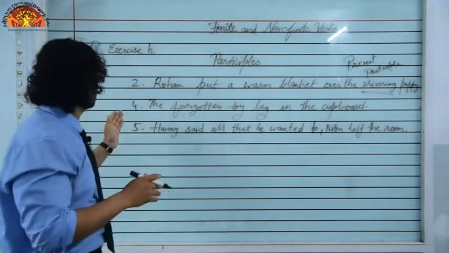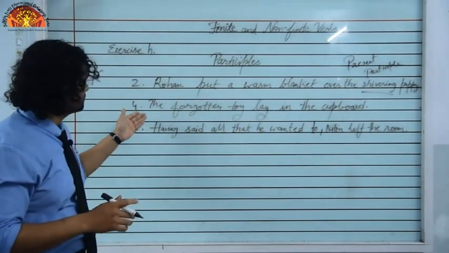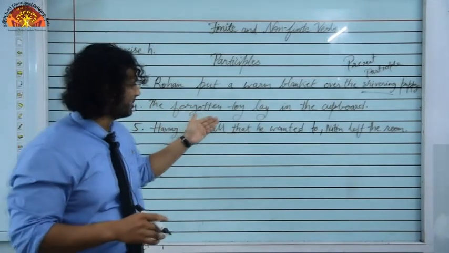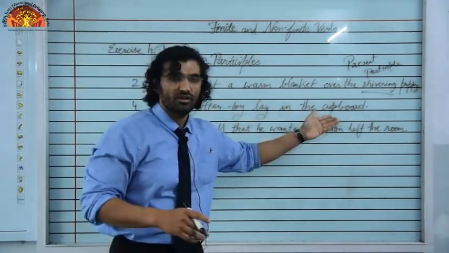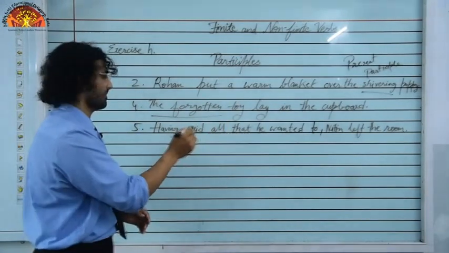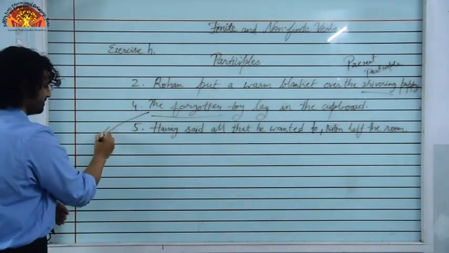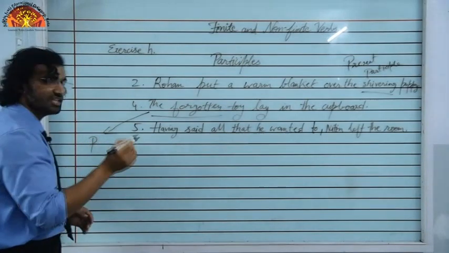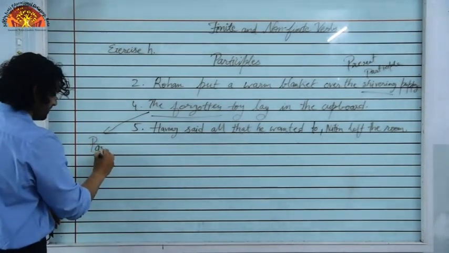Back to the exercise. Now we have a fourth one with us. The forgotten toy lay in the cupboard. Forgotten. And this is past participle. Ed, en, these are all past participles.